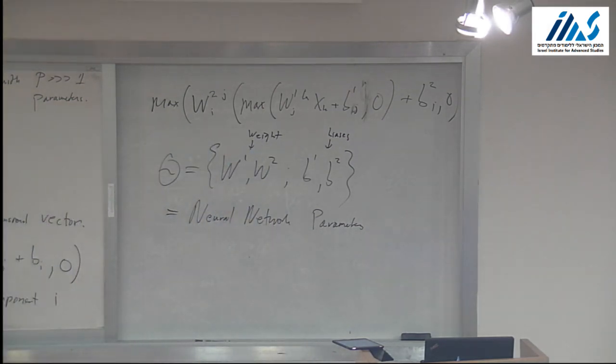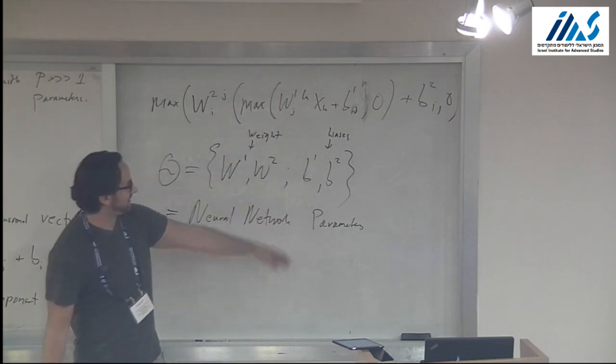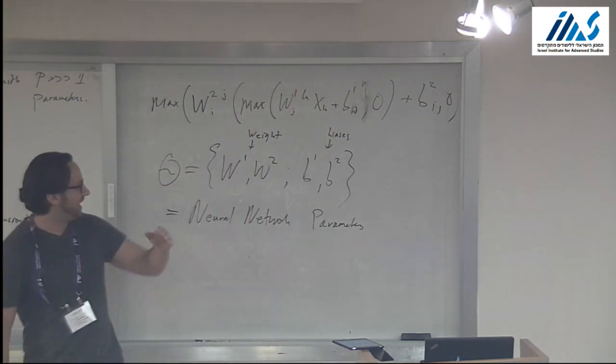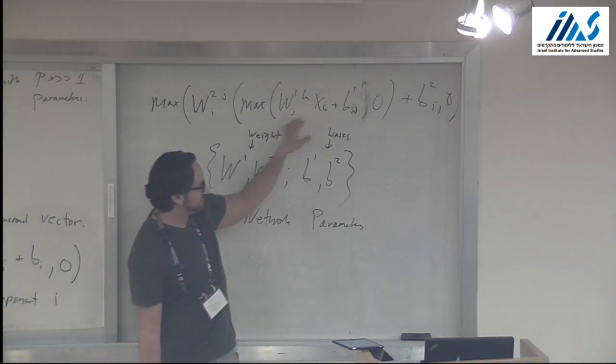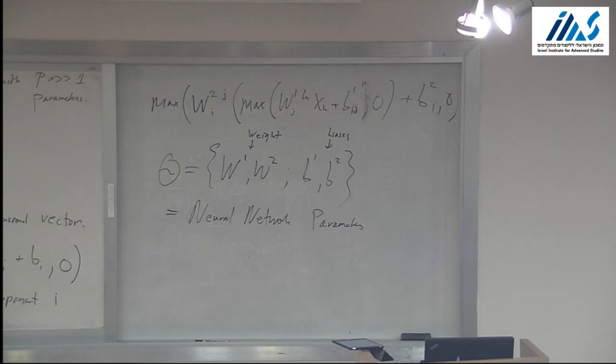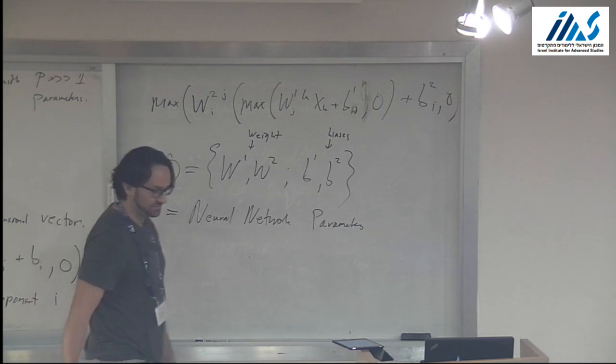They're B. There's some intuition here that the W's are reweighting your data. The B's are biases in the sense that they're shifts that determine where the max function hits 0. So that's the sense in which they're kind of like biases. But really, this terminology doesn't matter very much. You'll see it all over the place, so I'm mentioning it. And these are your neural network parameters.